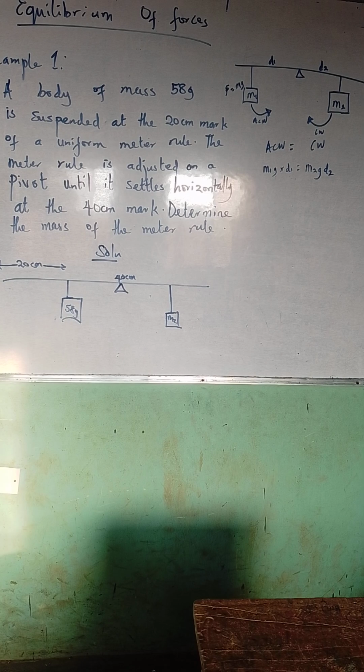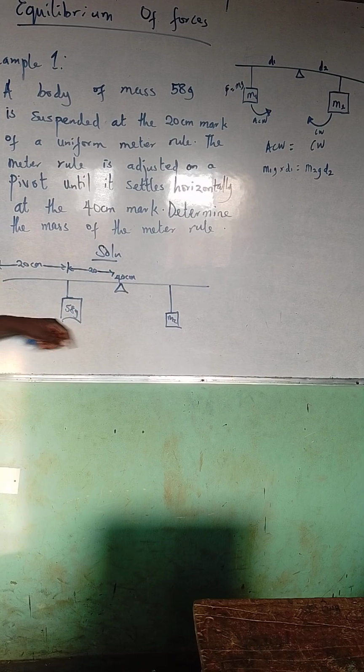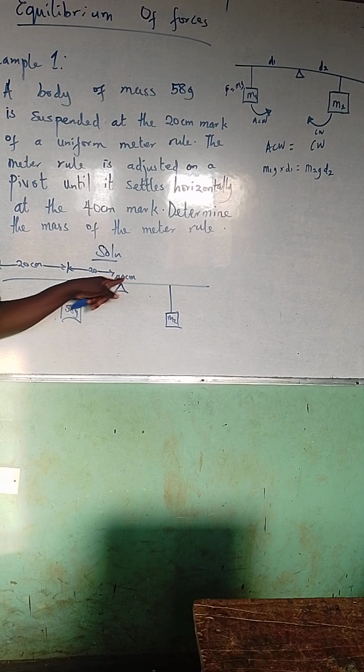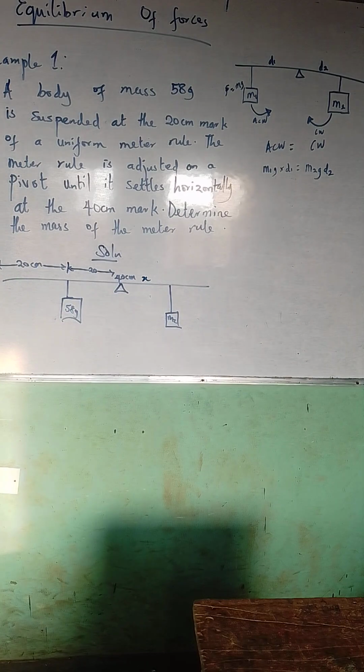Now, the distance from here to here will be 20. But we do not know the distance from here to here, so you can say S, because they did not tell us where this one is stopping.